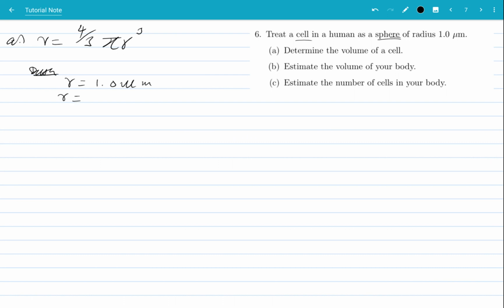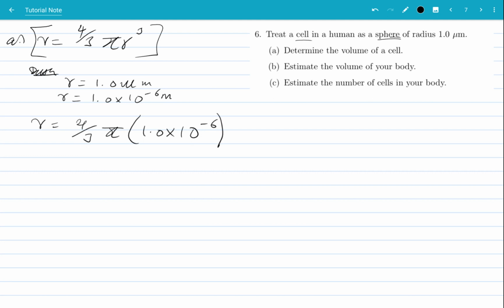Micro simply means 10 to the minus 6, so I have 1.0 times 10 to the minus 6 meters. So for me to find my volume, I will just replace r in the formula for the volume of a sphere. So volume is equal to 4 over 3 pi r cubed, which is 1.0 times 10 to the minus 6. If you compute this on your calculator, you'll be having a proper answer.